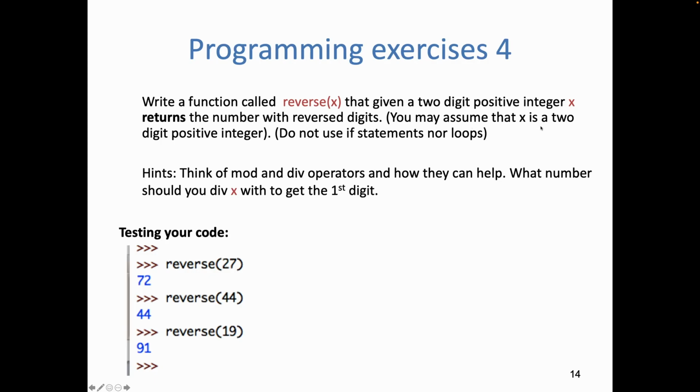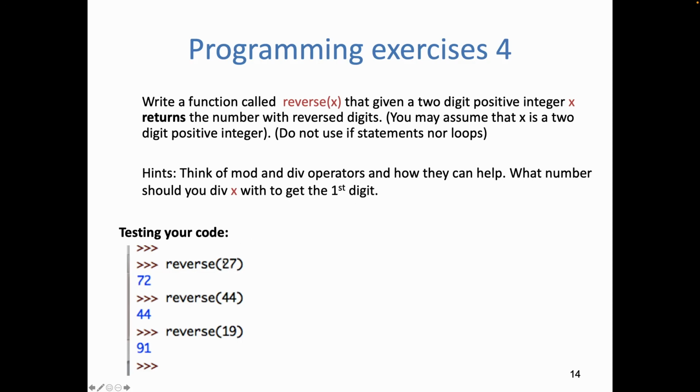You may assume that x is a two-digit positive integer. The requirement is to not use if statements nor loops. So the hints for this exercise is to think of modular and integer division operators and how they can help. What number should you divide with to get the first digit?